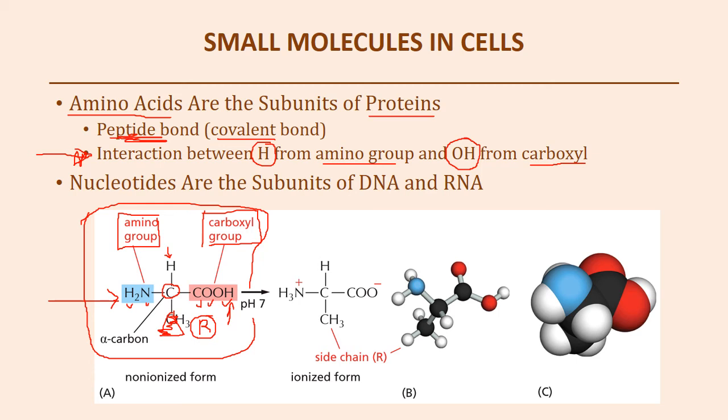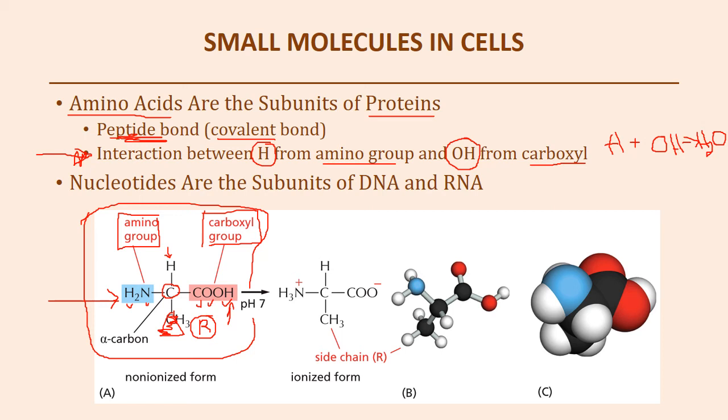So if you're doing your condensation reaction, then the hydrogen from the amino group from one of the amino acids will have to interact with the hydroxide from the carboxyl group from the second amino acid, and that is then how you're going to form your H2O molecule, which is discarded whenever you do your building through your condensation or dehydration synthesis.